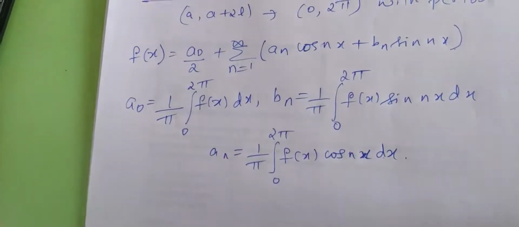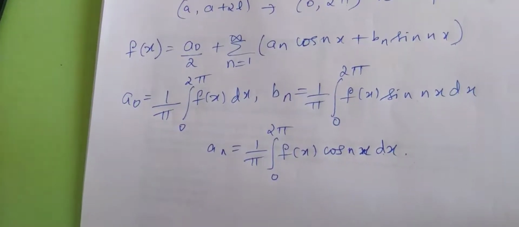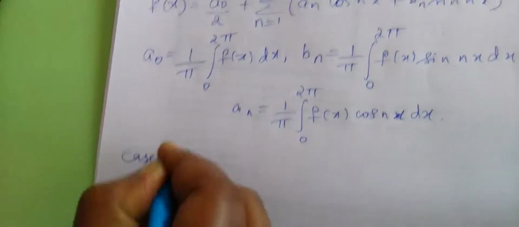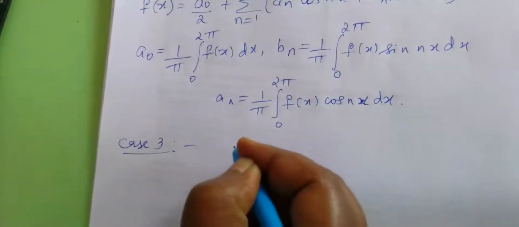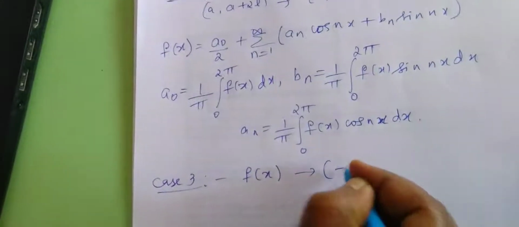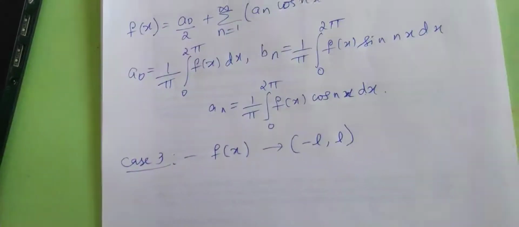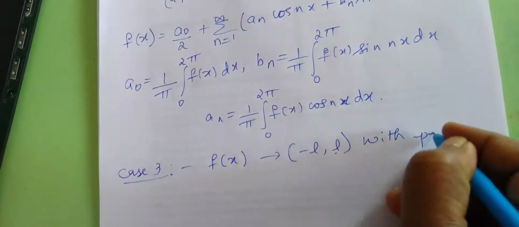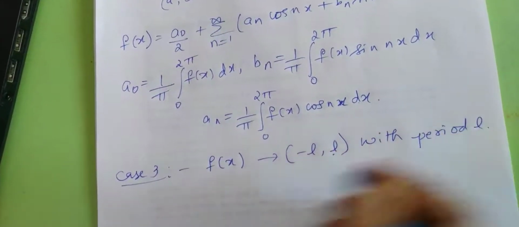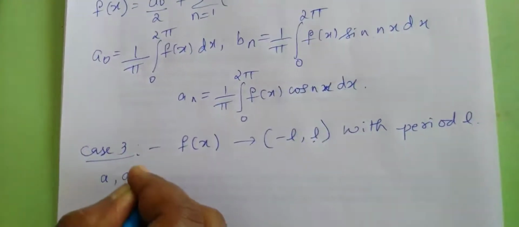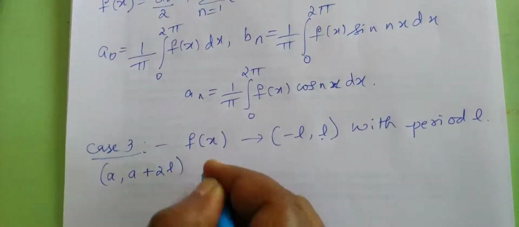Now let's consider case 3, that is, the function f(x) in the interval minus L comma L with period L. The interval actually runs from a to a plus 2L.